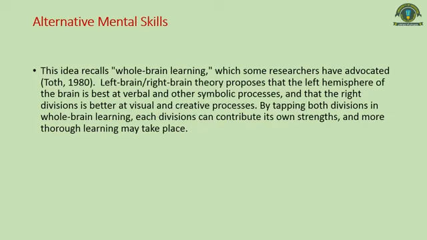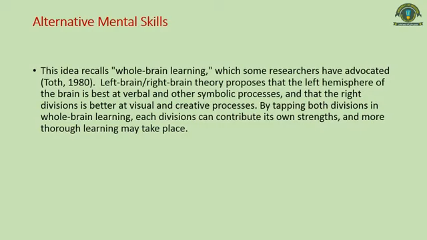Next one is alternative mental skills. In our culture, we tend to stress verbal over visual learning because the written text and the lecture are the primary modes of instruction. Students have fewer chances to use and develop visual learning abilities.